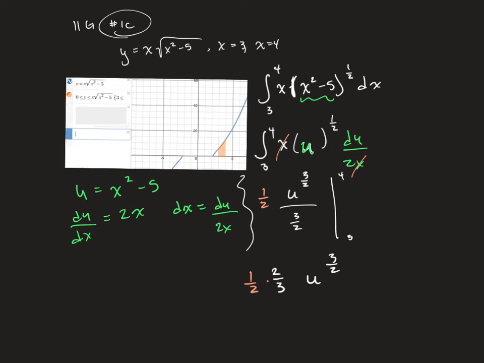But in this case, we can get rid of u, and we can write x squared minus 5, and we're going to evaluate it at 3 and 4.